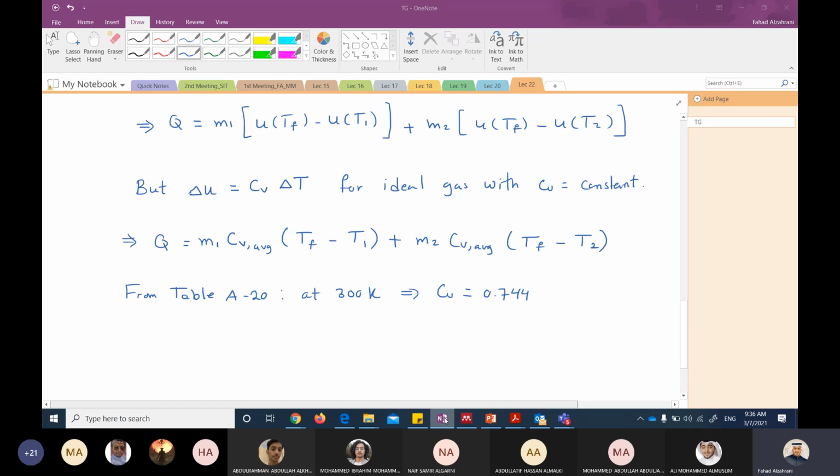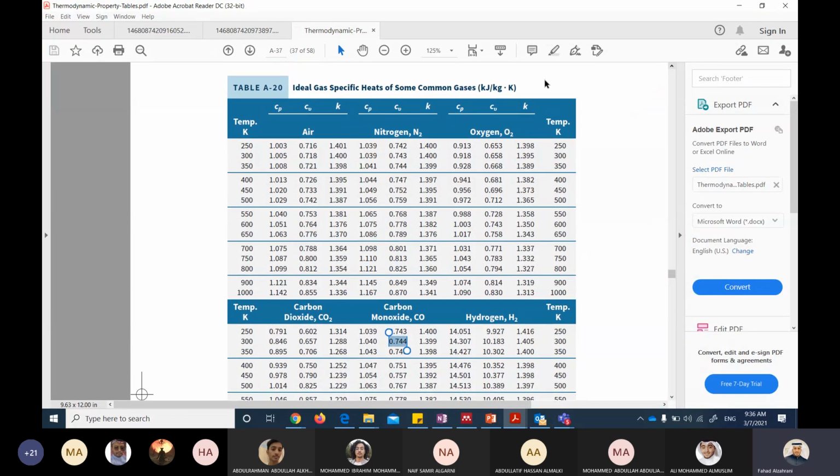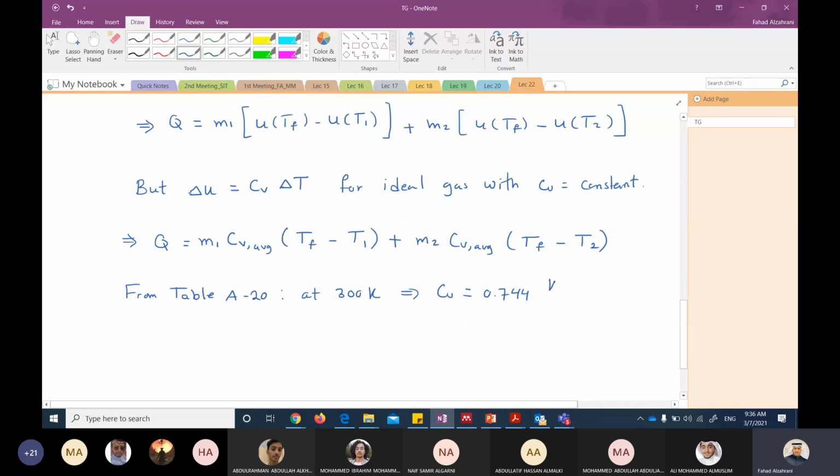What is the unit? It's important. If you go up here, you'll see it's kilojoule per kilogram Kelvin.